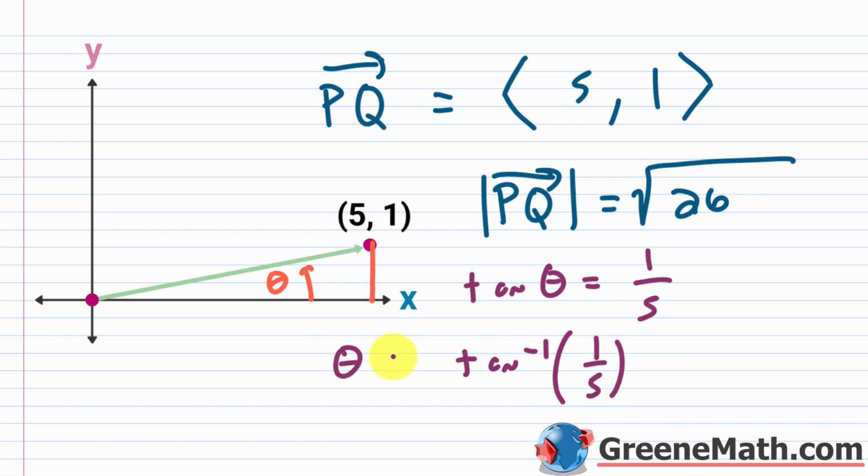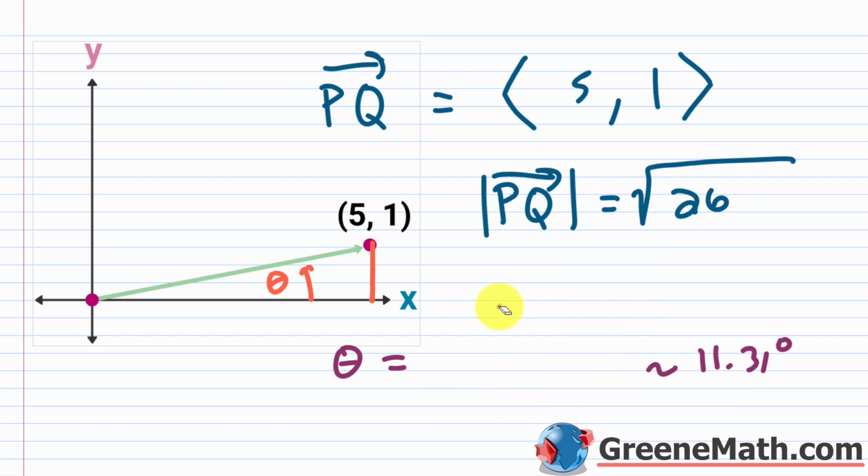So theta is approximately 11.31 degrees, rounding to the nearest hundredth. Let's erase this, and theta, the direction angle, is approximately 11.31 degrees.